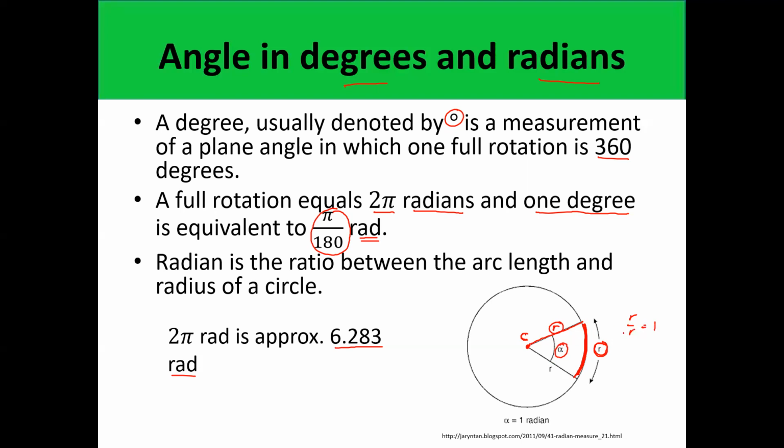So this means that alpha is equal to 1 radian, because the radian is the ratio between the arc length and the radius of a circle.